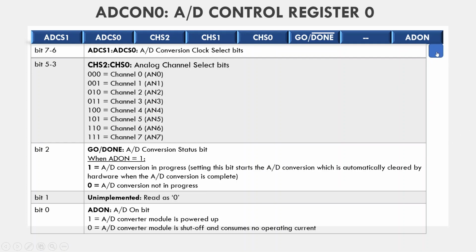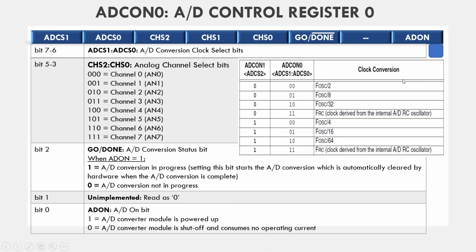To select the conversion clock, there are actually 3 bits. Two bits are from ADCON0 and 1 bit is from the ADCON1 register. So this is the combination of the clock conversion. If all these bits are 000, then the conversion clock of the ADC is Fosc divided by 2.